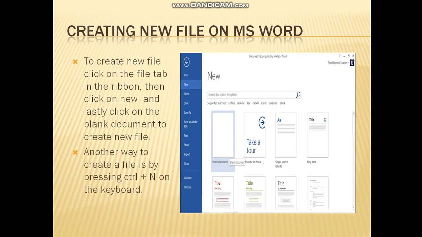Now if you click on the New button, a new blank document file will be created if you choose a blank document, or you can press Ctrl plus N key from your keyboard. You will hold down Ctrl and press the N key, and a new file will be opened.